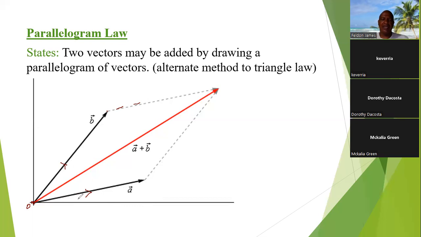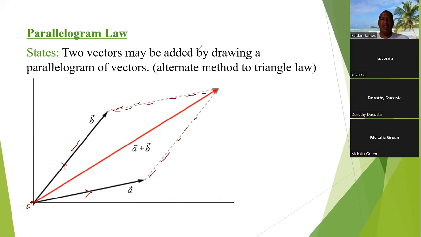So for this line, we will draw another line parallel to it up here. And for this line, we draw this line parallel over here, right? So the length of this line and the length of this line would be the same. Is that clear, guys?